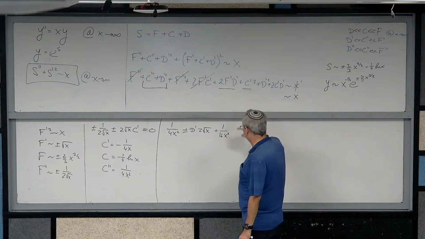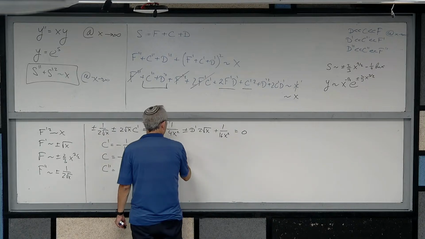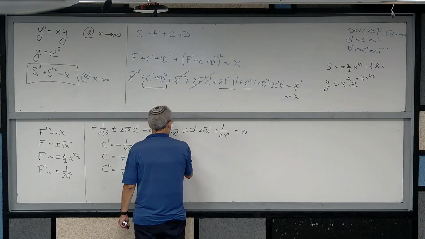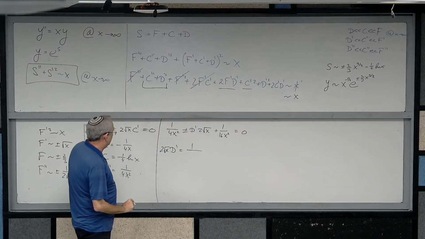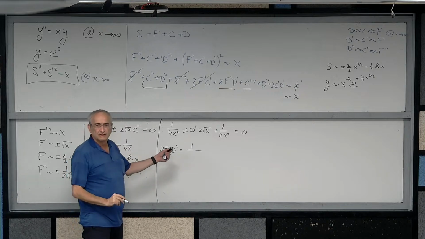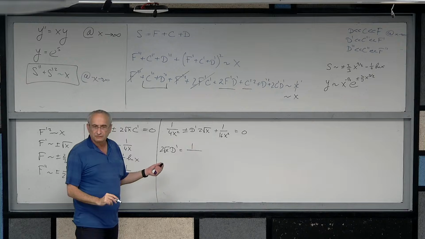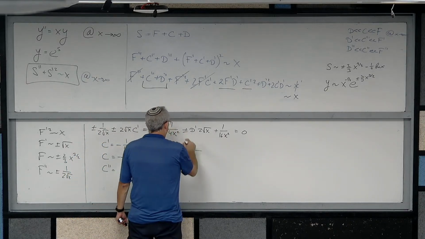So this is what I have. So this should be equal to 0 again, and this implies that d prime times 2 square root of x is 1 over, first of all, I don't like something here with the plus and the minuses. It's not important. We are only interested in the order of magnitude. Maybe I have a mistake here with the plus and the minuses.